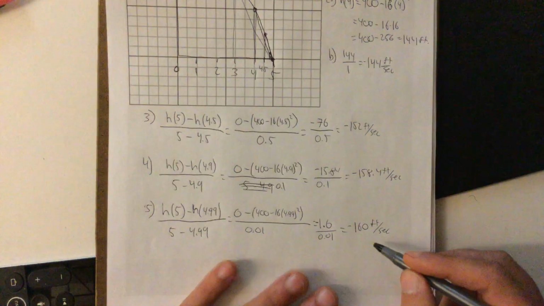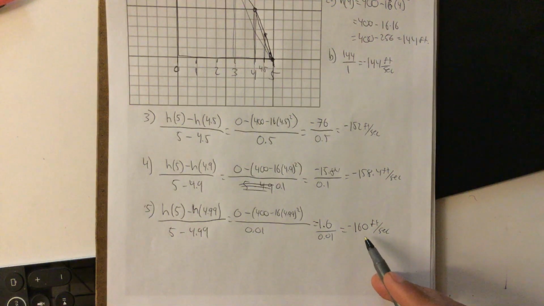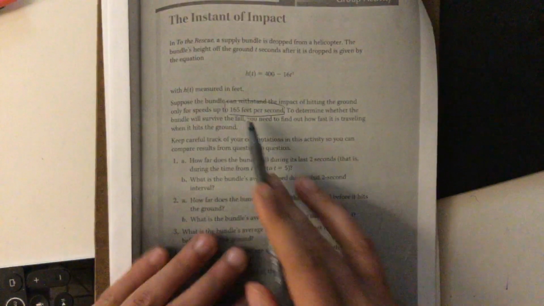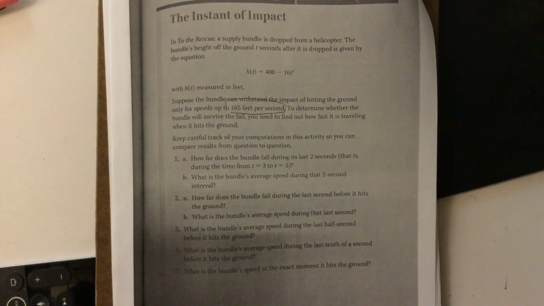And that should tell you the instant this hits the ground, it's moving at 160 feet per second, which actually tells us that our package is going to be safe because it can withstand 165 feet per second. Okay, thanks for watching.